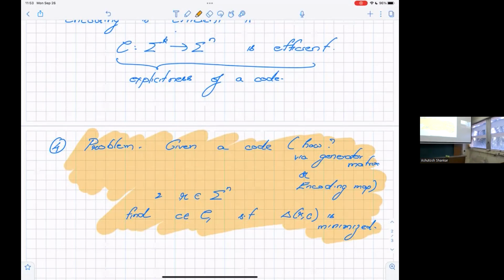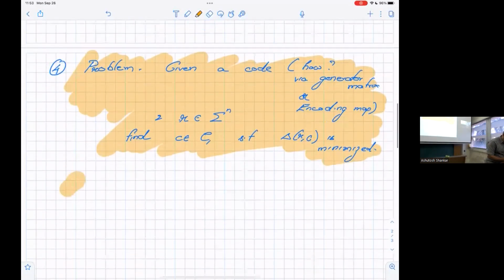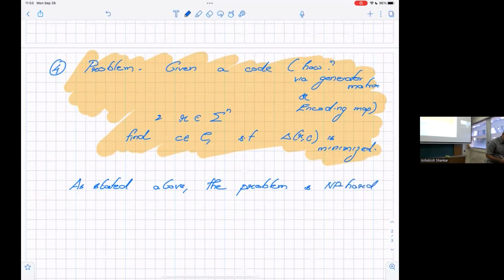So that's one way of trying to make it more specific. What I want to say right now is that, as stated above, the problem is NP hard, even for specific codes such as Reed-Solomon.